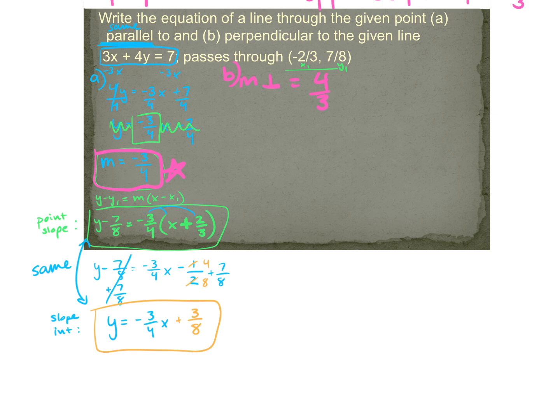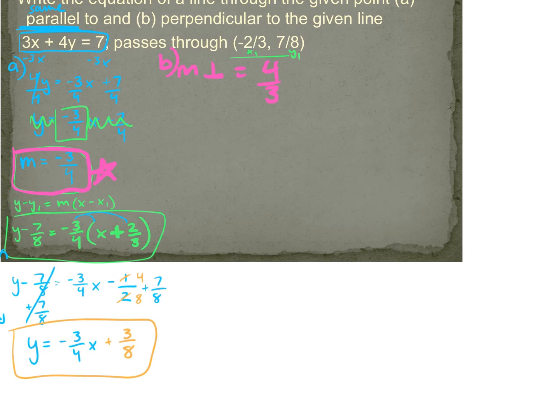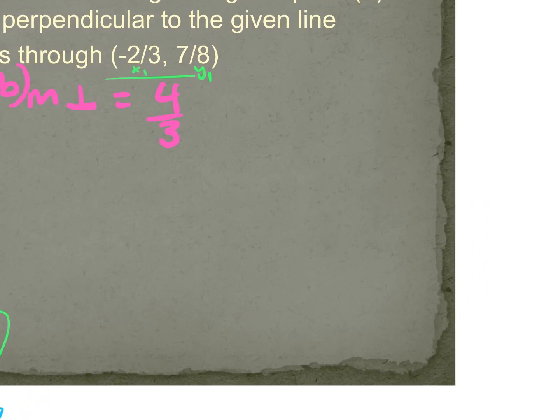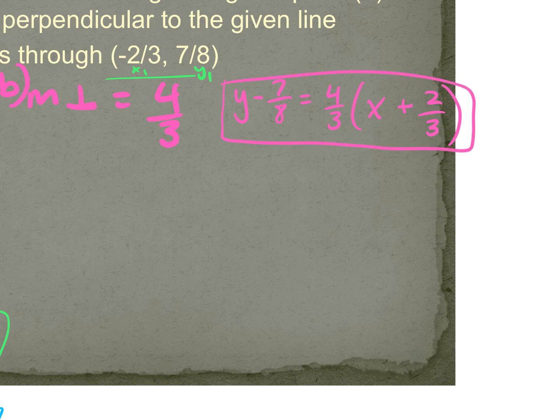Good here. All right, let's plug it in. So we can plug it into point slope form. So y minus y1 would be 7 over 8 is equal to m, so 4 over 3, times x minus x1, so x plus 2 over 3. This is the equation of a line.